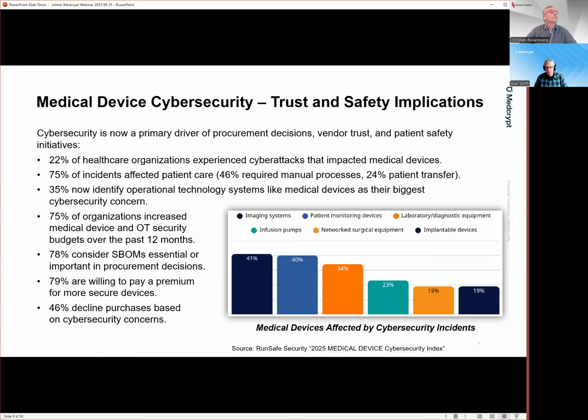This just came out a few days ago, highlighting the seriousness of the topic. And I mean, I've been dealing with the problem of medical device cybersecurity for 15 years now.